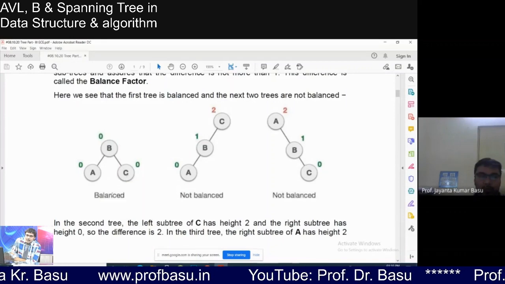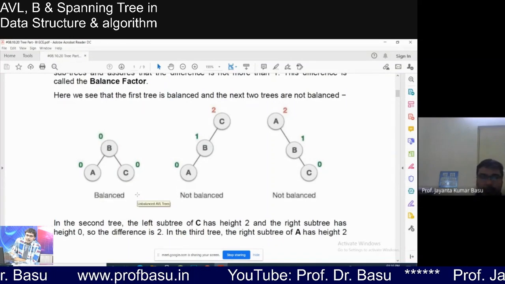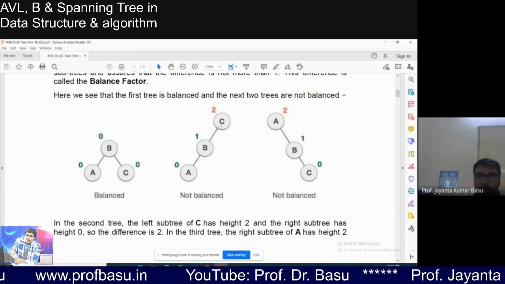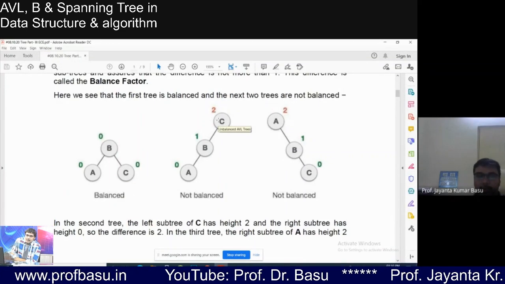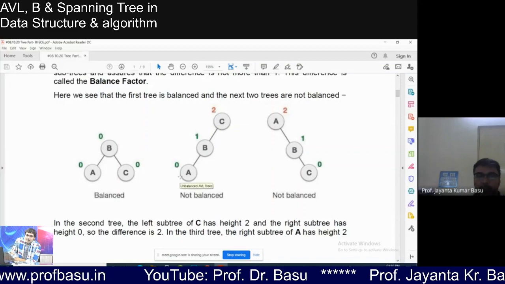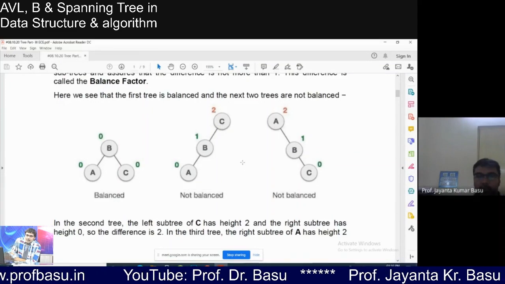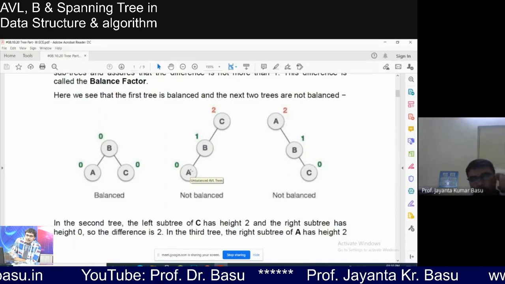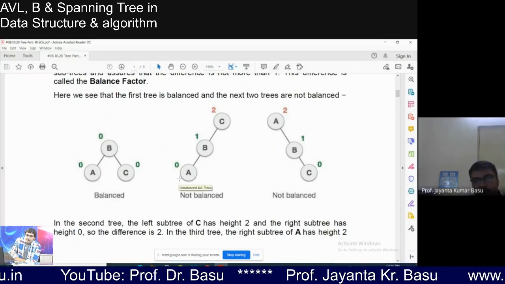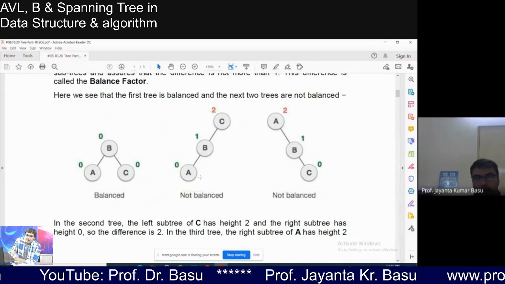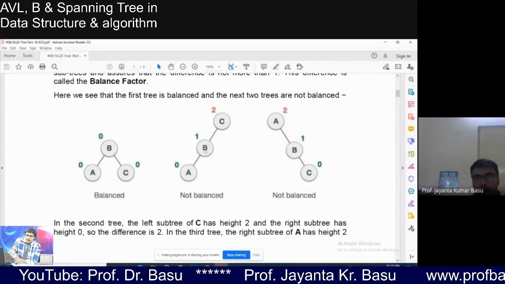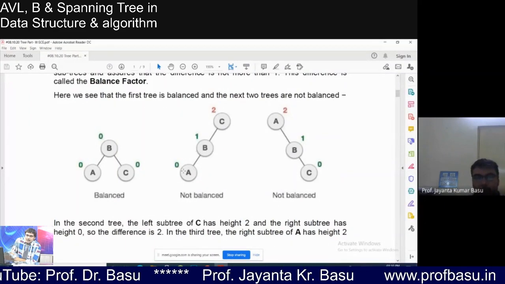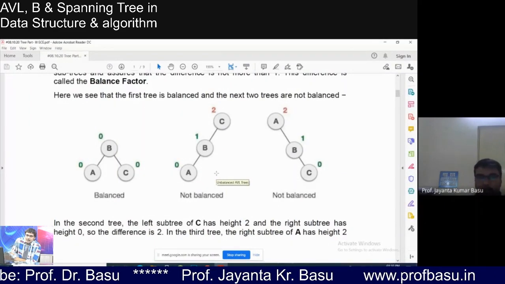For this C node, let's say, why is it non-balanced? There is no right subtree, but the left subtree has levels 1, 2, right? B at the first level and A at the second level, right?